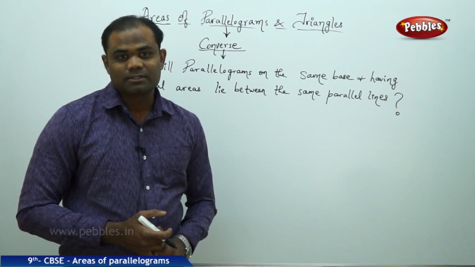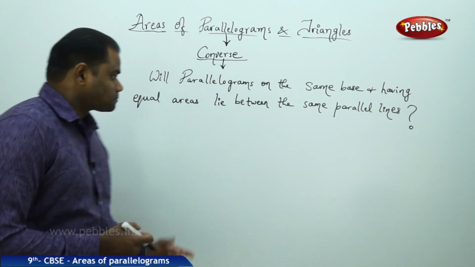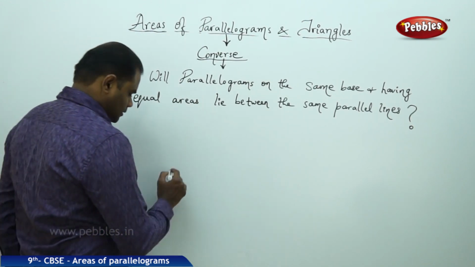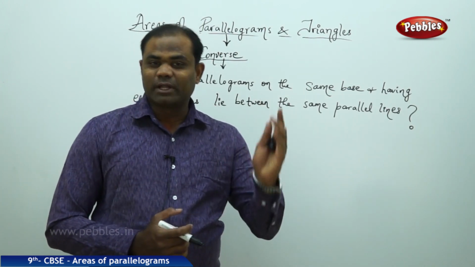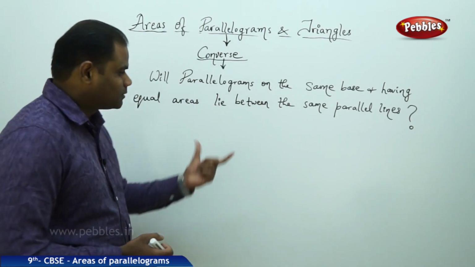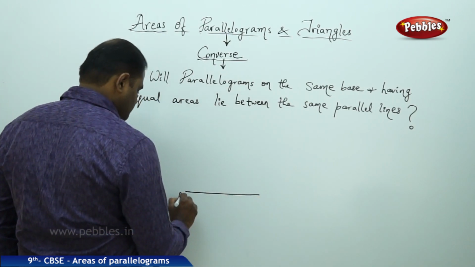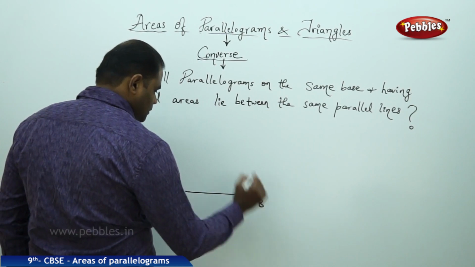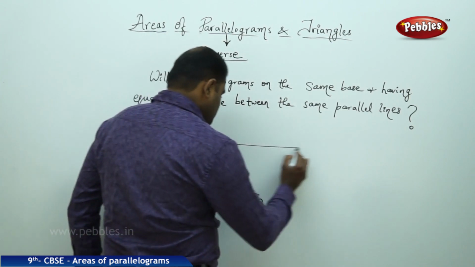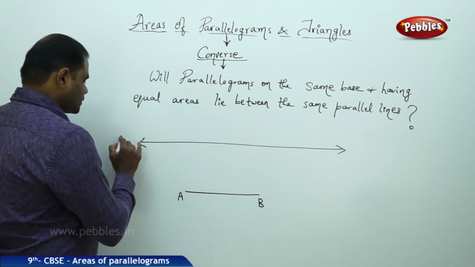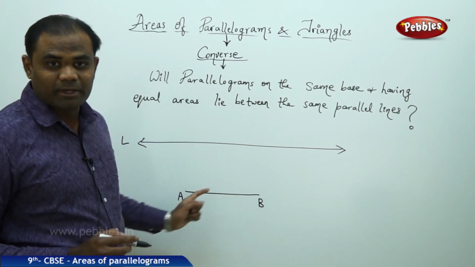Investigating the converse of same bases and same parallels. Now let's take two parallelograms with the same base and lying between two lines which are not parallel. The converse says that if I have the same base AB and two parallelograms, let me say there is another line L which is not parallel to this but a bit away from the base AB.